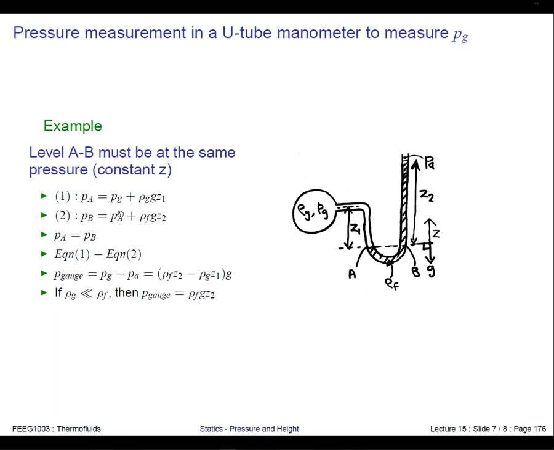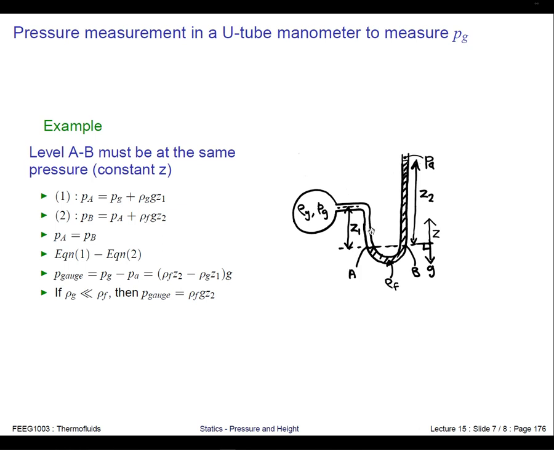First of all, we take point A and ask, what's the pressure at point A? It's equal to the pressure in my piece of equipment, so it's Pg, plus the pressure due to the weight of the fluid in this part of the manometer.